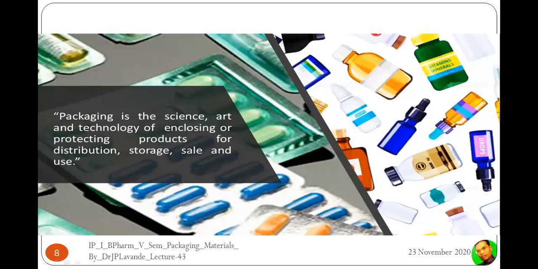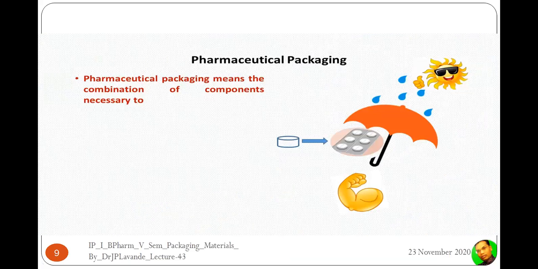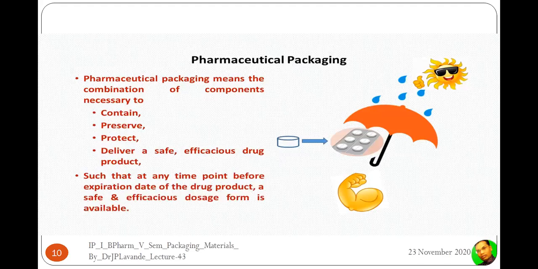Next, pharmaceutical packaging has a particular meaning: the combination of the components that are necessary in order to contain, preserve, protect, and deliver a safe, efficacious, and stable drug product.